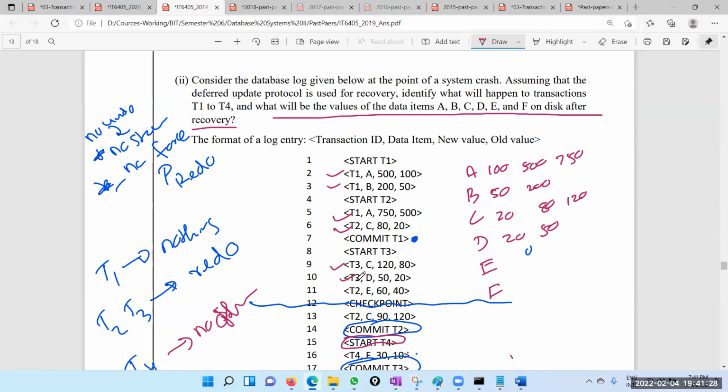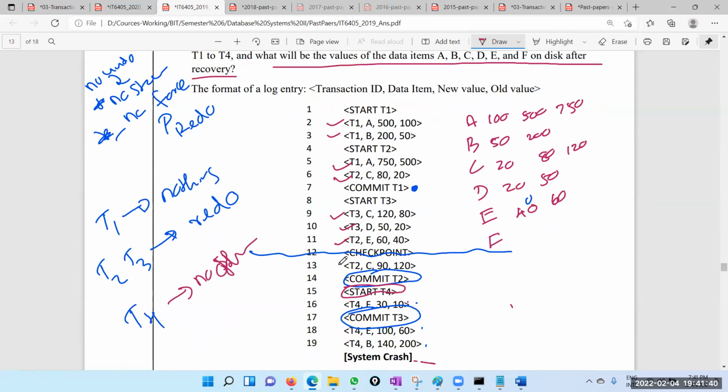And again, T2 we are going to redo anyway. T2, E from 40 to 60. 40 to 60. Okay. Now again T2, we are changing C from 120 to 90.